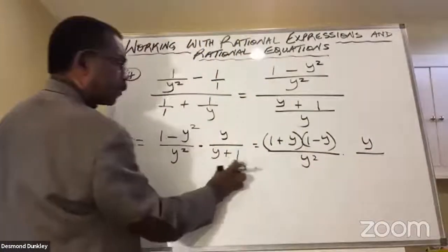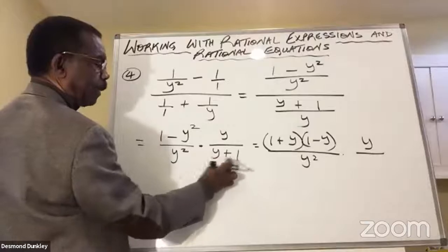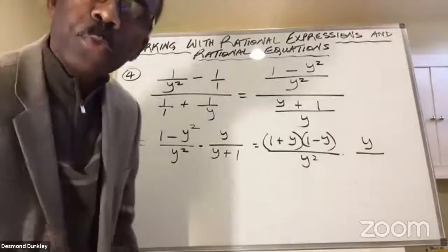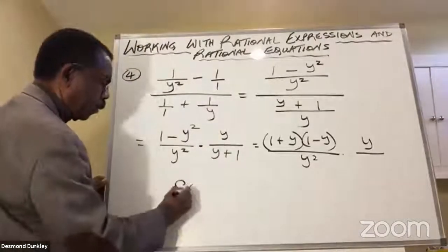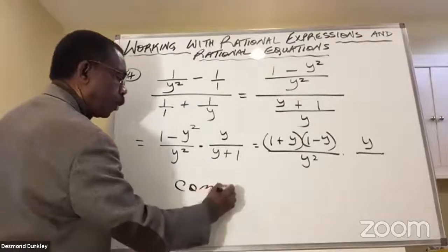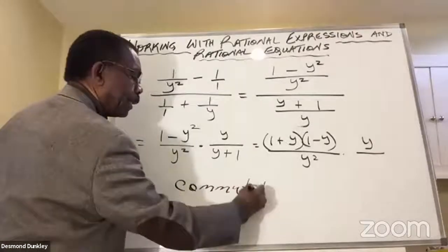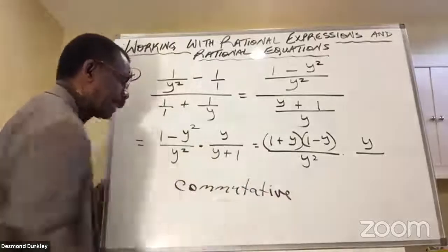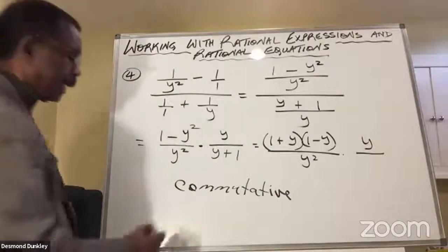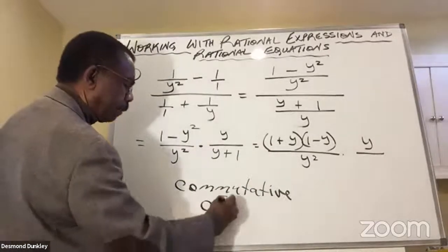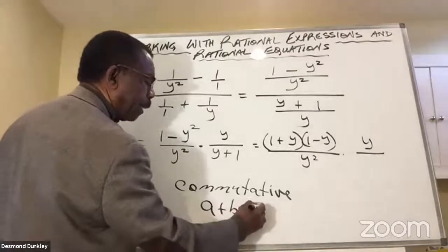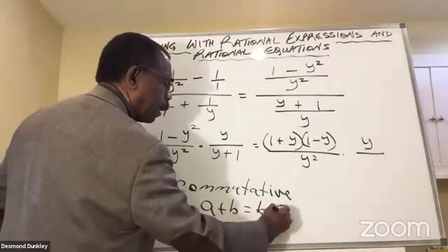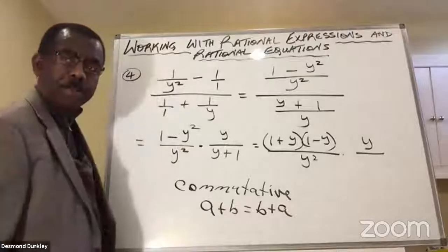over y plus 1 is the same as 1 plus y. That's called the commutative property. C-O-M-M-U-T-A-T-I-V-E. That's the commutative property. That is, A plus B is the same as B plus A. The order doesn't matter.